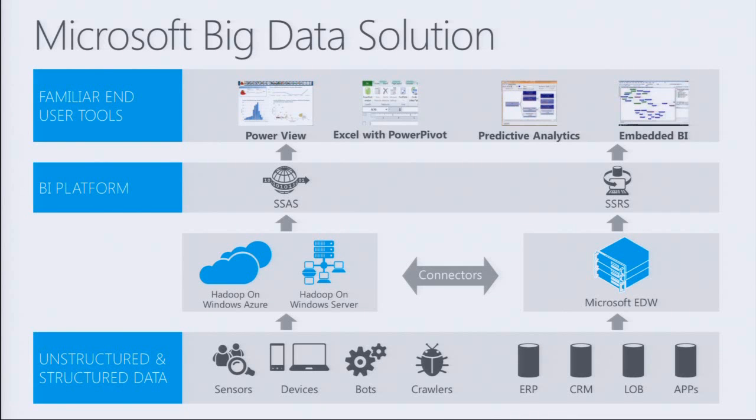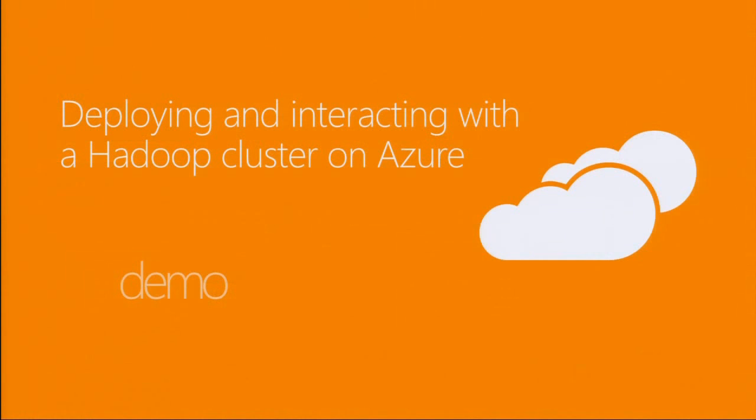As for the Business Intelligence platform, we have SQL Server Analysis Services and SQL Server Reporting Services, respectively. And finally, at the top, we have tools that are familiar to our users to be able to analyze and visualize the data interactively. That includes Power View, Excel with PowerPivot, predictive analytics, and also embedded BI offerings.